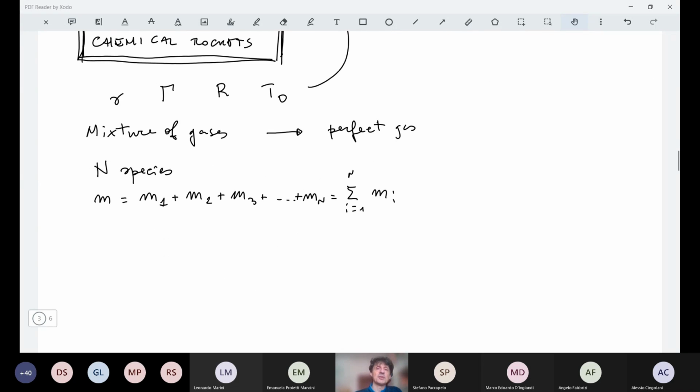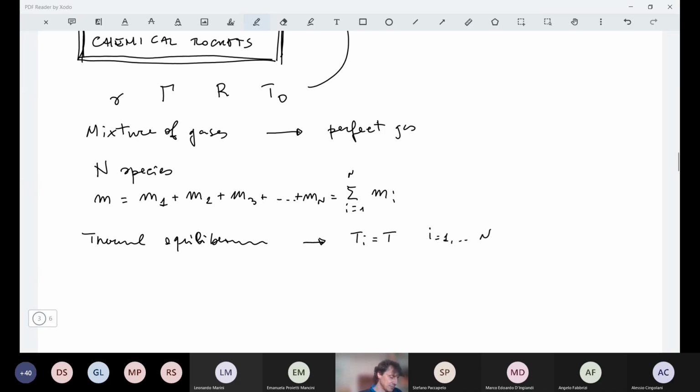About temperature, we introduced the thermal equilibrium among species. That means that all species have the same temperature.